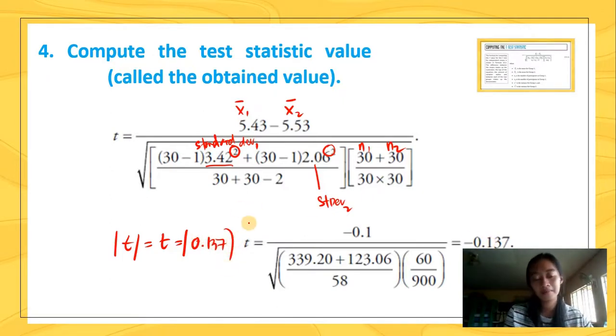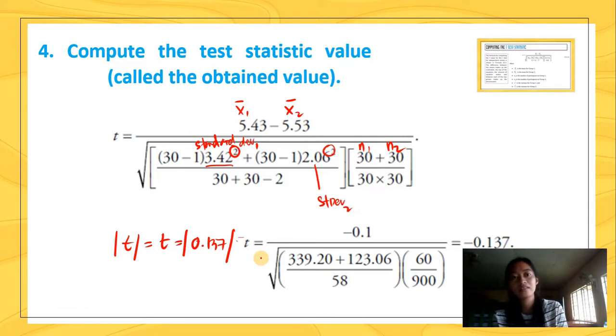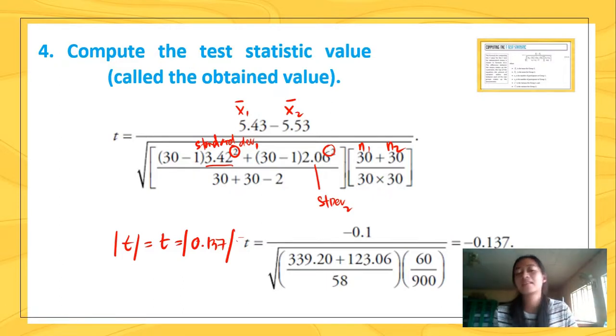Wala gi-mind ang negative sign, but that is only valid for non-directional or two-tailed test. When it is a one-directional test, magmatter jud ang mga negative sign. So ayaw na lang nakalimtis negative sign. Sige, go. So remember, our obtained value is negative 0.137.